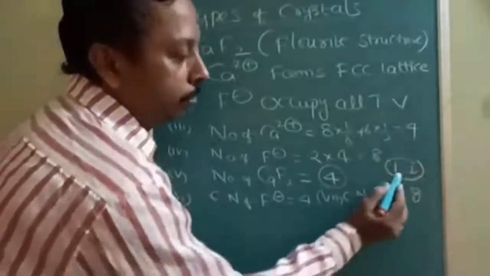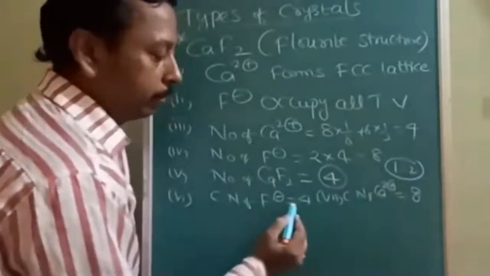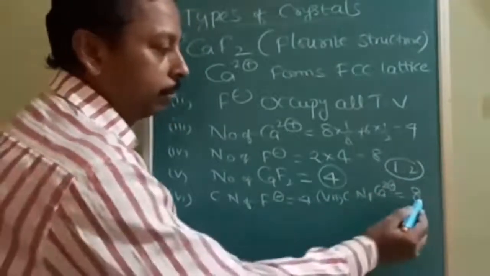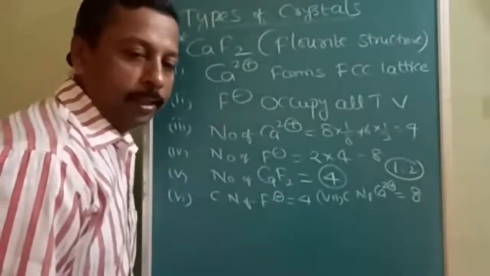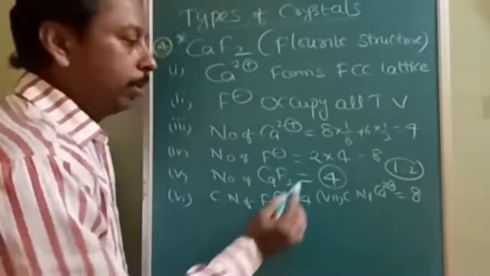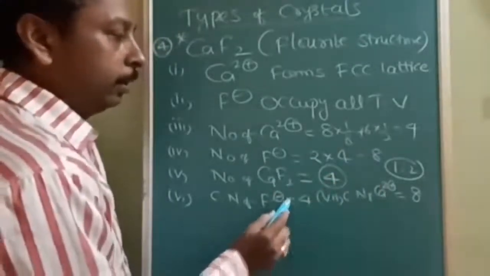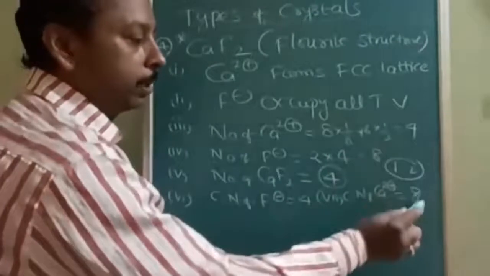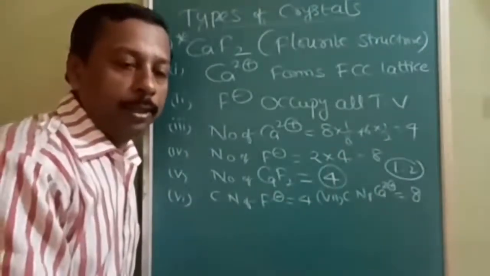In a 1:2 crystal, the one which is available in the smaller number has double the neighbors. His neighbors are 4, so the coordination number will be 8. The number of fluorine is more but its coordination number is less; the number of calcium is less but its number of neighbors is more. So that is about CaF2.